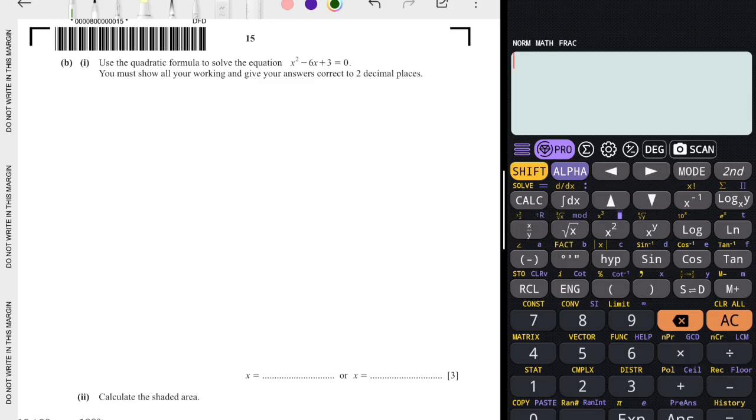Use the quadratic formula to solve the equation x square minus 6x plus 3 is equal to 0, and we have to write our answer to two decimal places. So the quadratic formula is x is equal to minus b plus minus under root b square minus 4ac, divided by 2a.